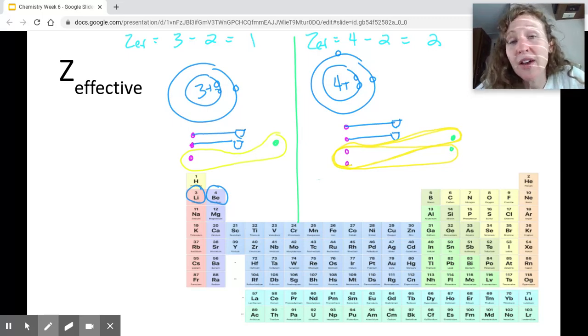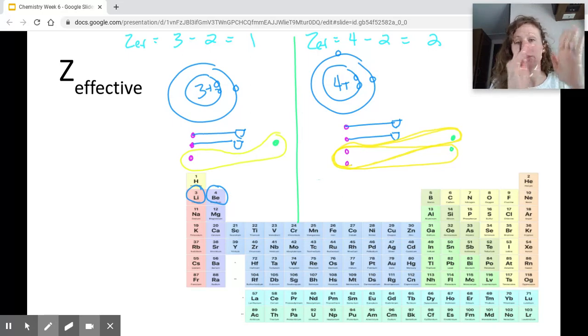Why does beryllium have a higher electronegativity value? Why does it have a bigger ability to attract things to itself? Well, because the things that are outside of beryllium can feel a nuclear charge of 2, whereas for lithium, they only feel a nuclear charge of 1. So the Z effective can help round out our understanding of periodic trends, both top to bottom in a group or a family, and left to right in a period.